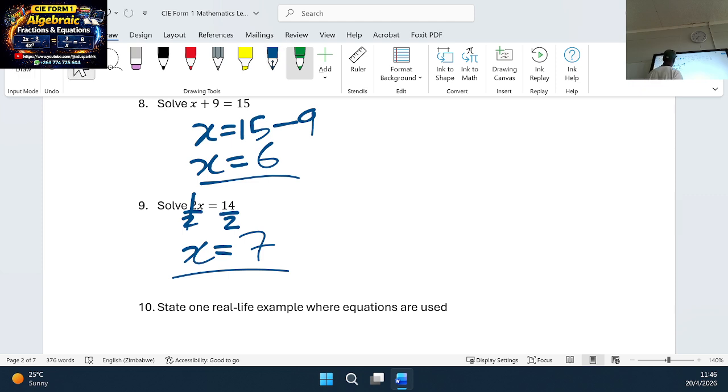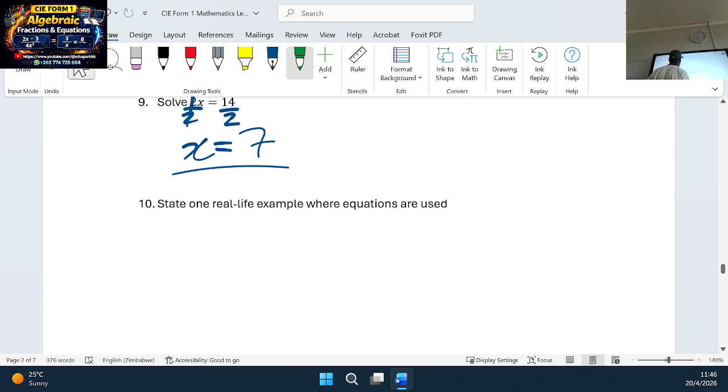Then next one, we are interested in stating one real life example where equations are used. Well, equations, they are used in lots of scenarios. For instance, if we want to do mass conversions, for instance, if I want a mass in kilograms from tons, we can build an equation to say, well, kilograms is equal to 1,000 times whichever quantity of tons that we will be having.